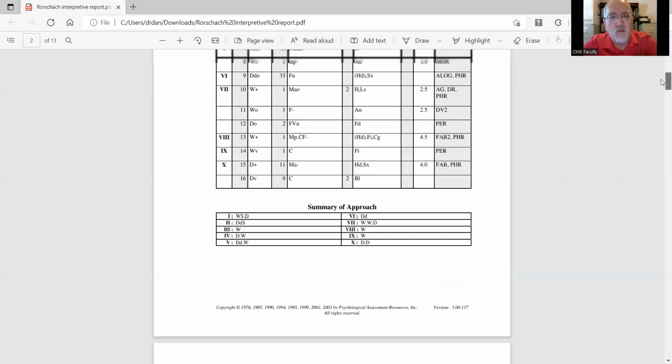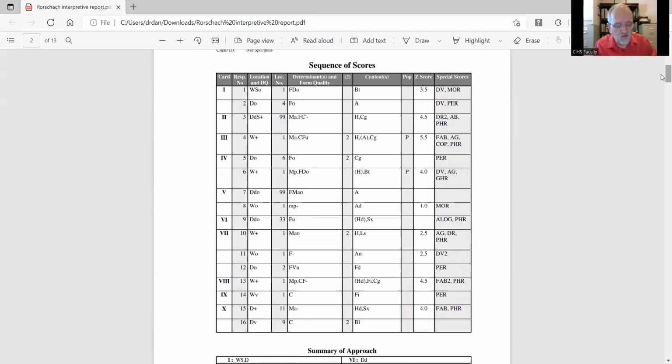So where we start is what's called the sequence of scores here, but what this actually ends up being is the results of the sequence of responses. That is the second part of Appendix 6 of your book.